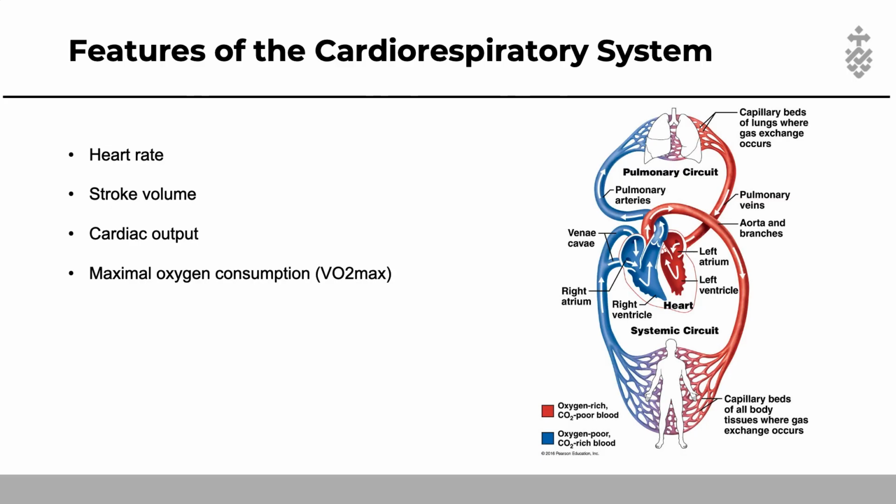So we're going to start off by looking at 4 key features of the cardiorespiratory system. We're going to analyze heart rate, stroke volume, cardiac output, and then finally maximal oxygen consumption, which is our VO2 max. Variation in these measures are very important determinants of exercise tolerance and our functional ability.